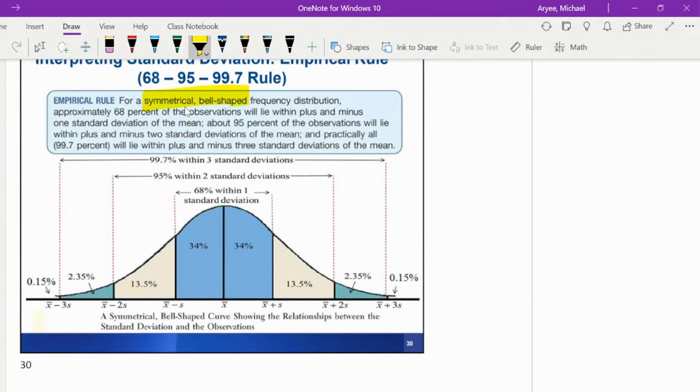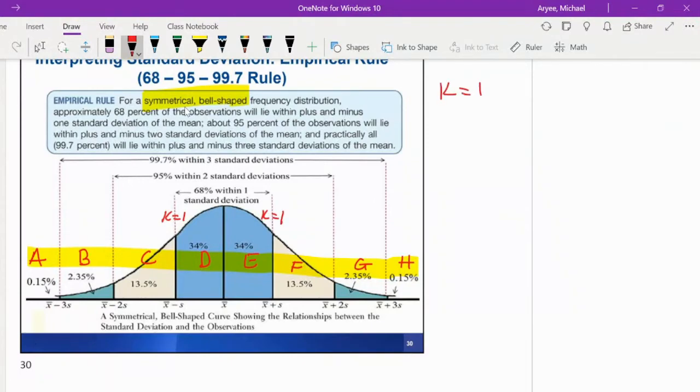All right, now let me label this as space A, space B, space C, space D, space E, space F, space G, and then space H. So for every bell-shaped distribution, we can split that into 8 spaces from A to H. All right, now the first spaces here, space D and space E, is what is k equals 1.